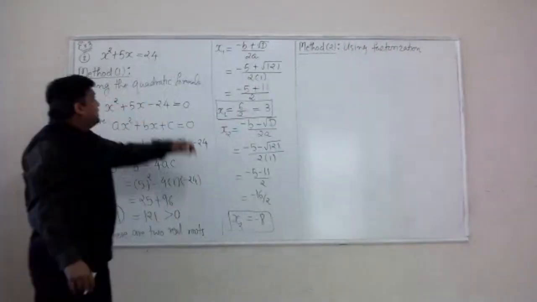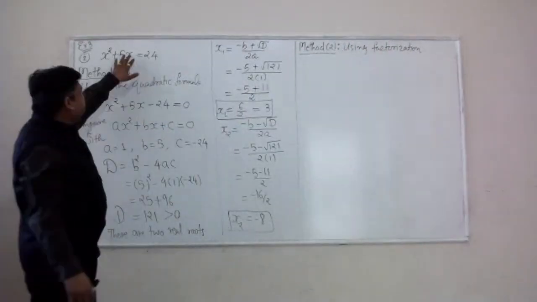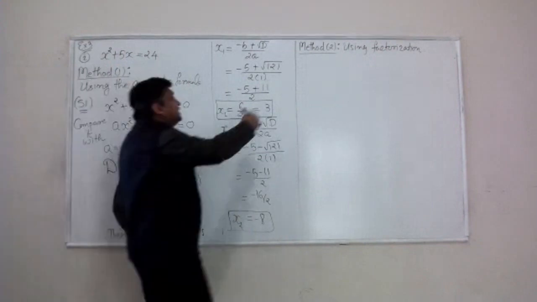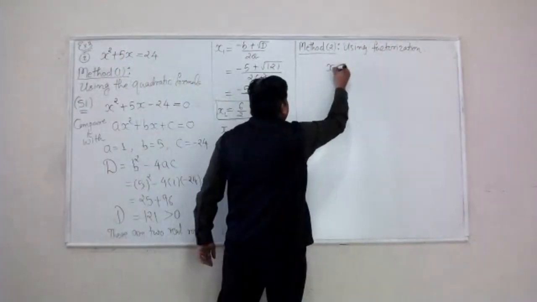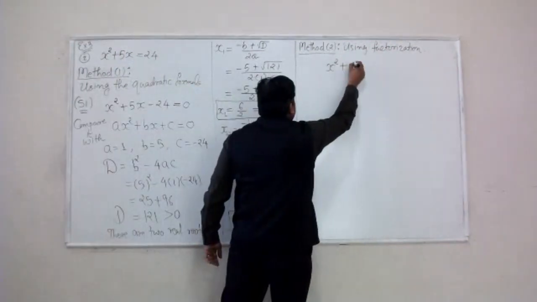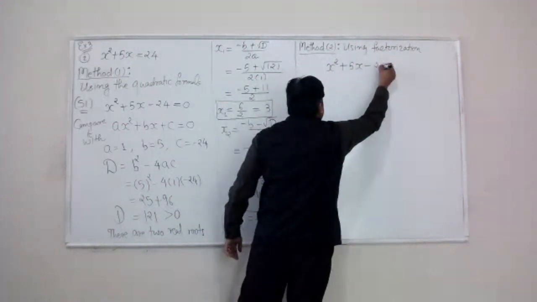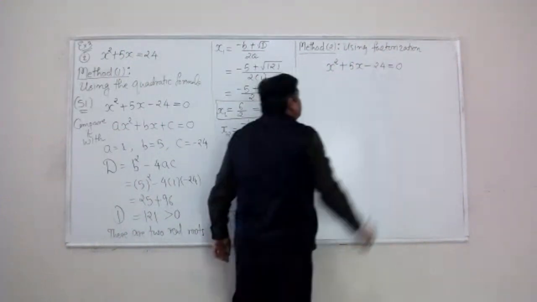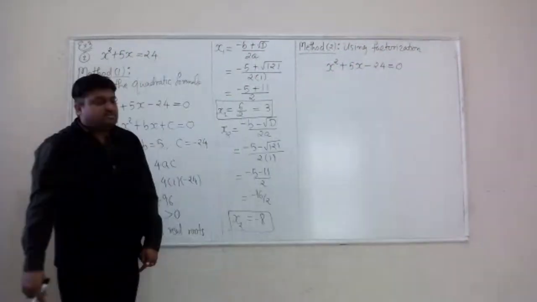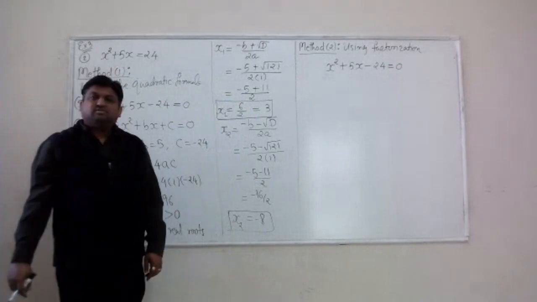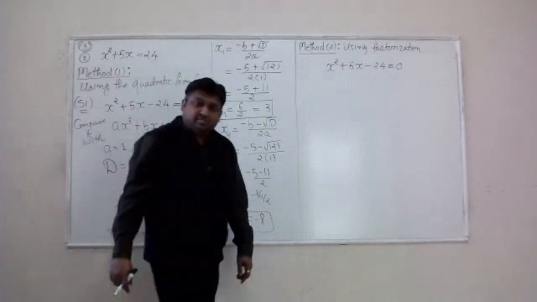All right. If you want to use factorization, you still need to write your quadratic equation in the standard form. So add negative 24 on both sides. I get x squared plus 5x minus 24.